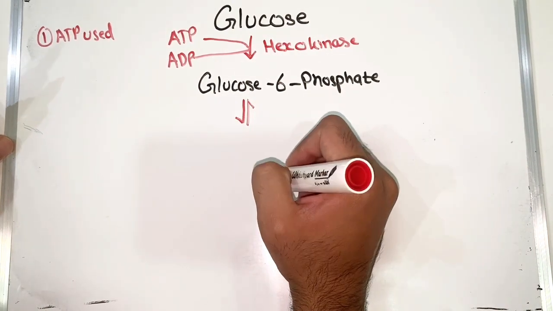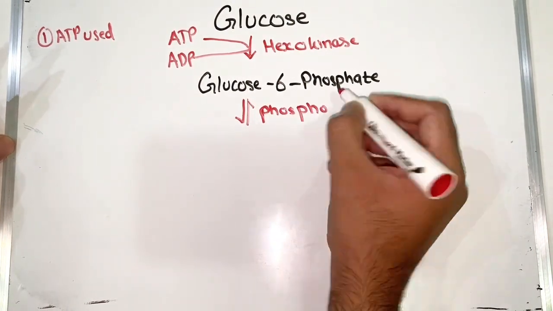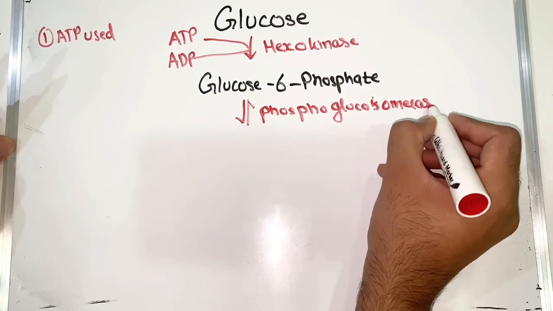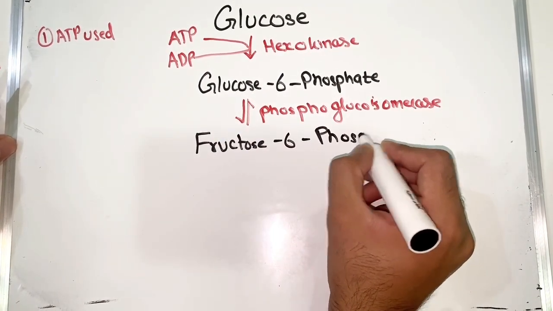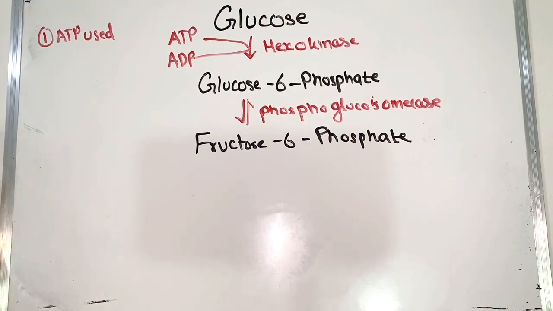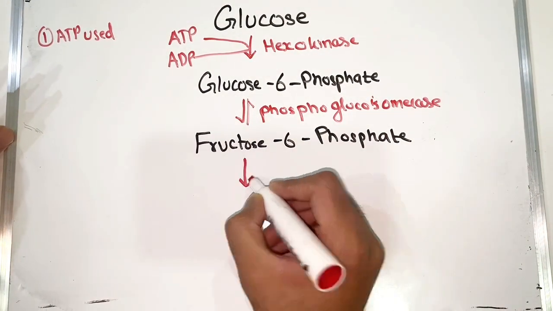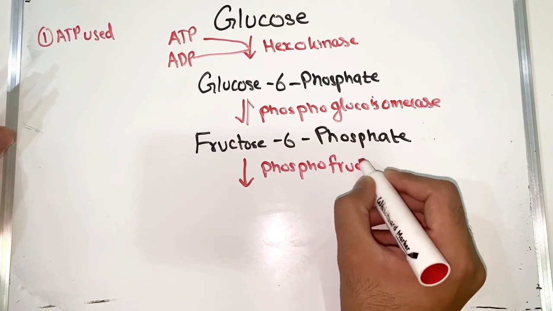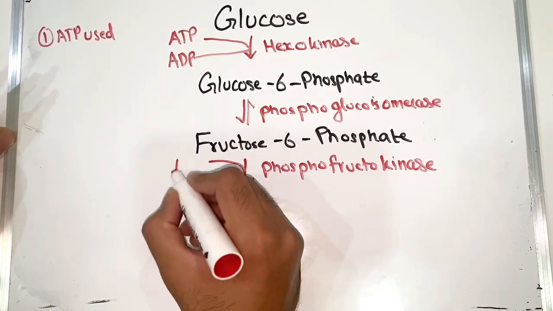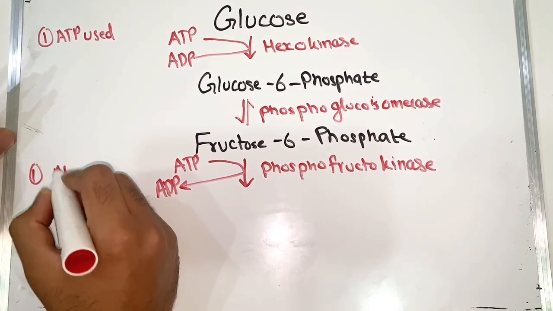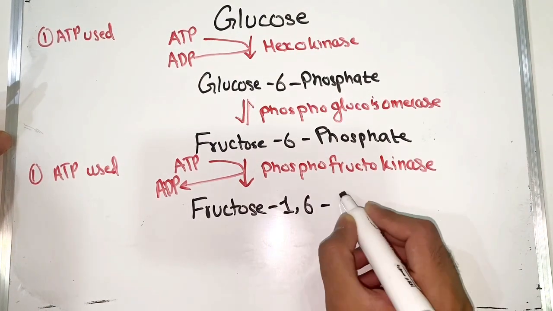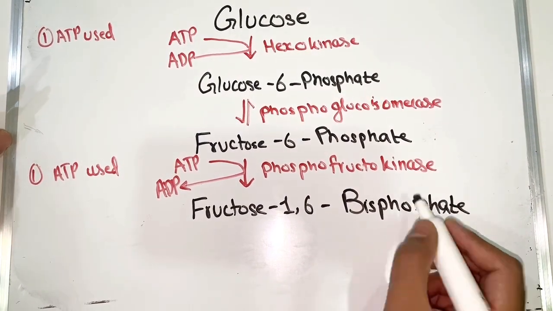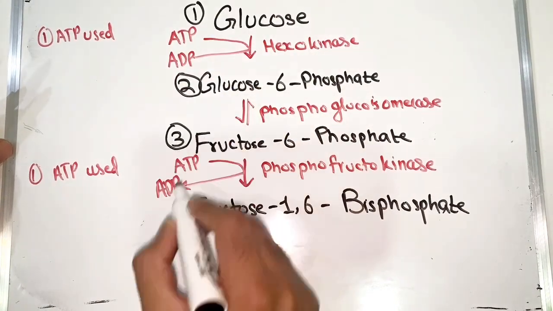Then glucose 6-phosphate is converted by the enzyme phosphoglucoisomerase, which will convert it to fructose 6-phosphate. Then fructose 6-phosphate will be converted with the help of the enzyme phosphofructokinase, and ATP is again utilized in it. A second ATP is invested in glycolysis and it will be converted into fructose 1,6-bisphosphate.